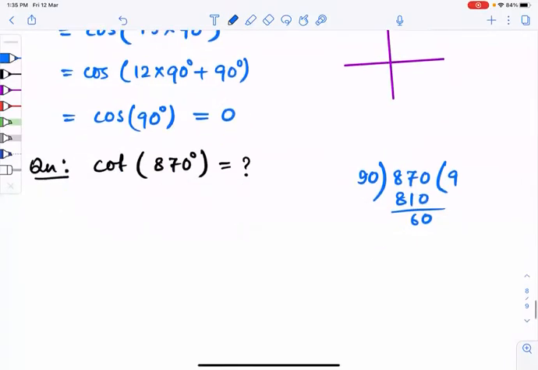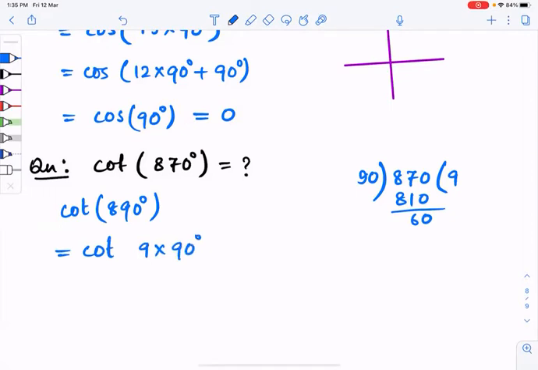So that means cot of 870 degrees is nothing but cot of 9 into 90 degrees plus 60 degrees, right? So which quadrant will it lie in?